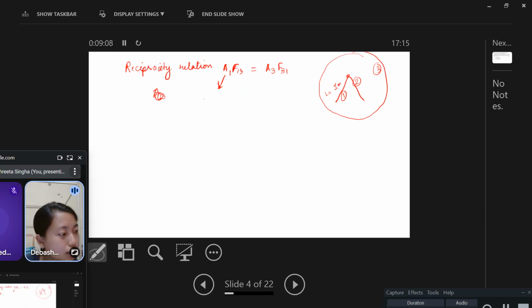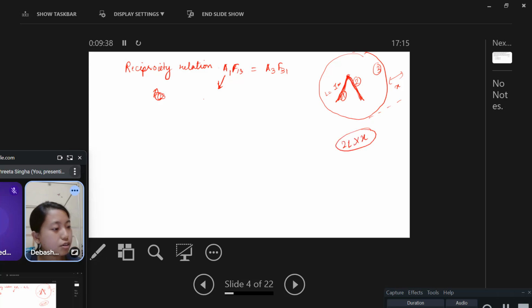So if we calculate the area of this A1, or surface 1, considering both the surfaces, suppose the length is L. Since this is L, we can consider the length of the tube to be some X. So the area of this part, this side is 1, this side is 1, it should be 2L into X, right?